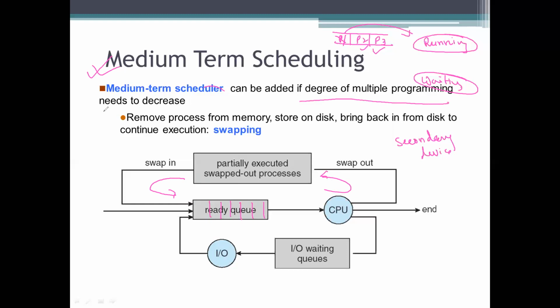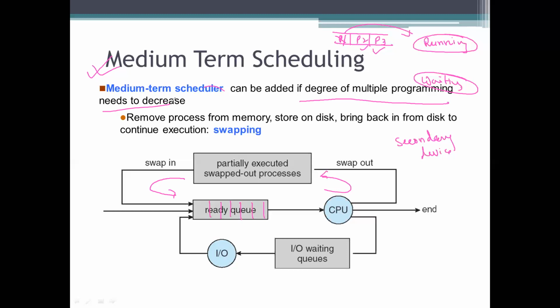Degree of multiprogramming means how many outputs the system can produce per unit of time. Based on that we can decide the degree of multiprogramming. That means how many processes can be executed by the system at the same time. So suppose there is a good mixture of IO bound and CPU bound processes, then at a single instant of time two processes are executed by the system.